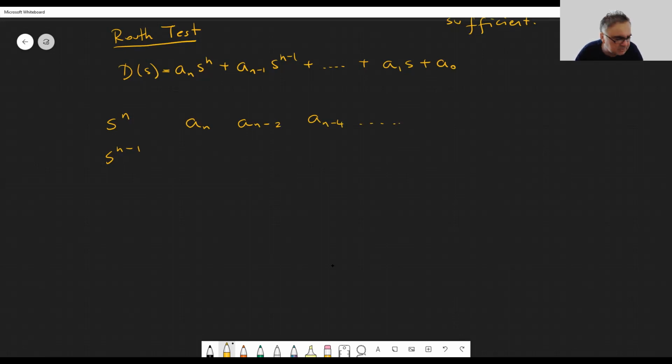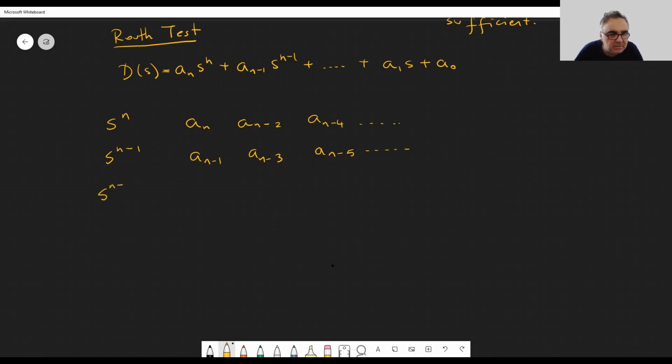Then in the second row, you put a_(n-1), a_(n-3), a_(n-5), etc. You go on like this. Now, the rest of the rows you generate from these rows.